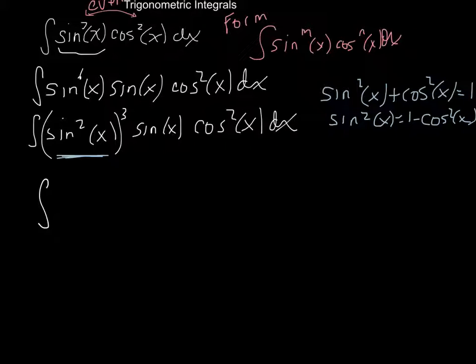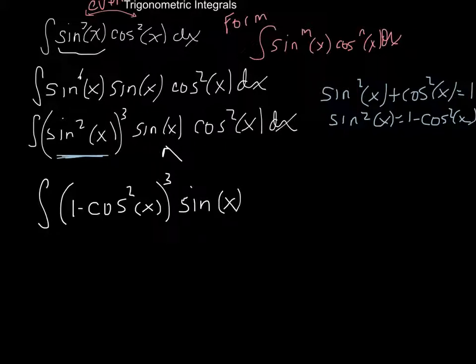That becomes 1 minus cosine squared x, still to the 3rd power. I still have my sine of x, and I still have my cosine squared of x.